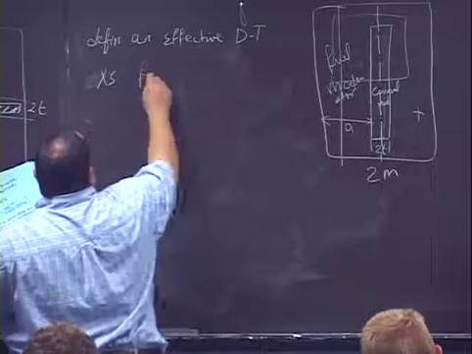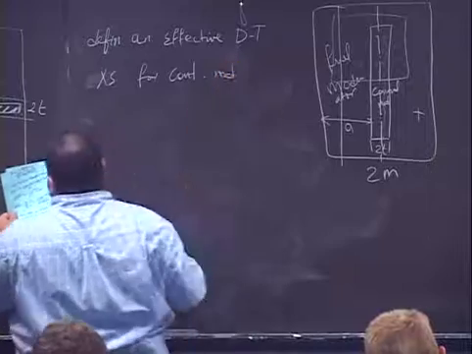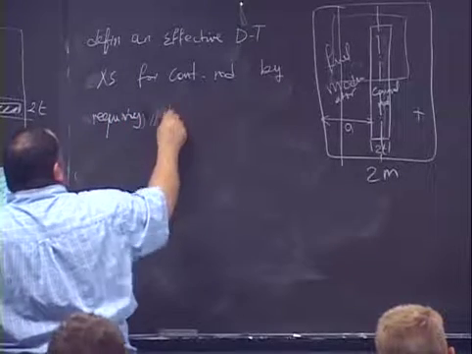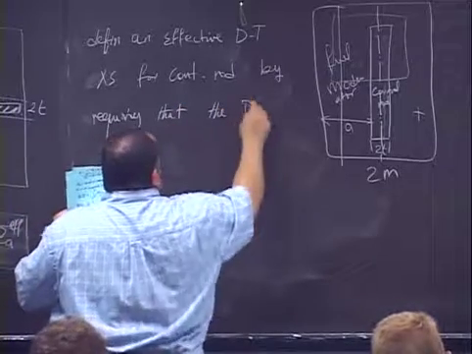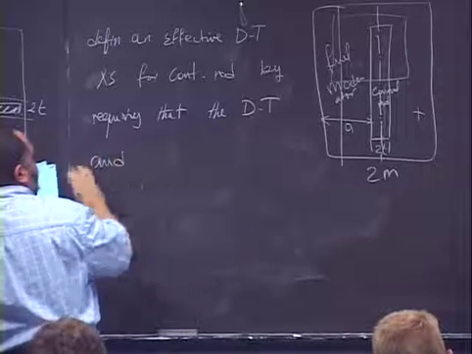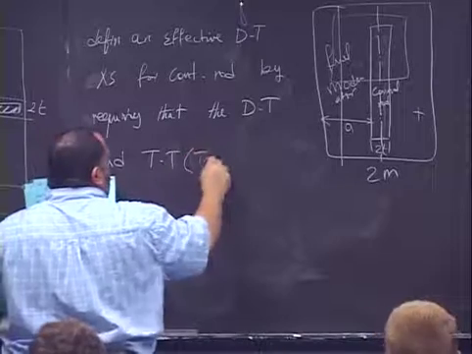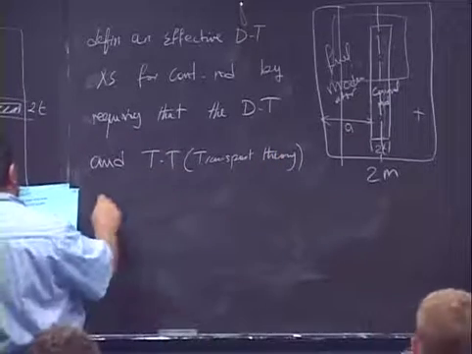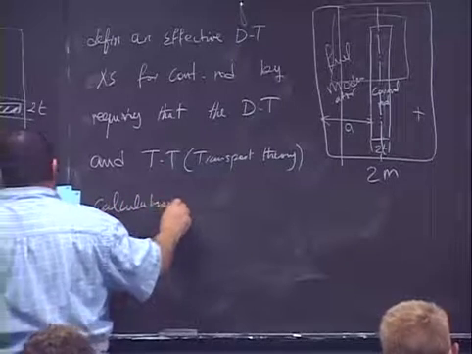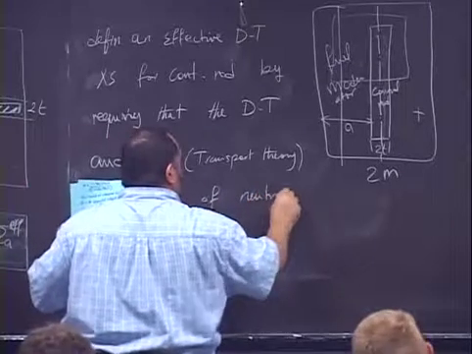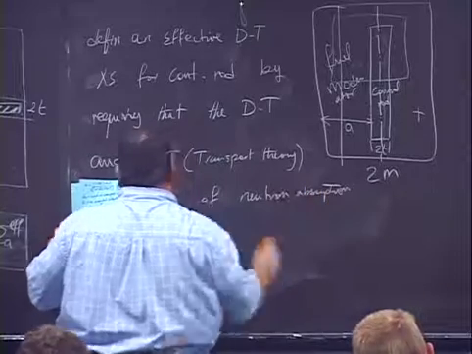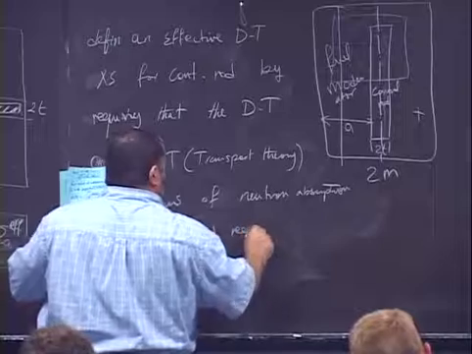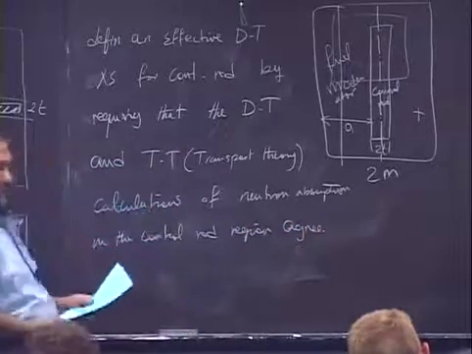Cross section for control rod by requiring that the diffusion theory and the transport theory calculations of neutron absorption in the control rod region will agree. So this is our goal.